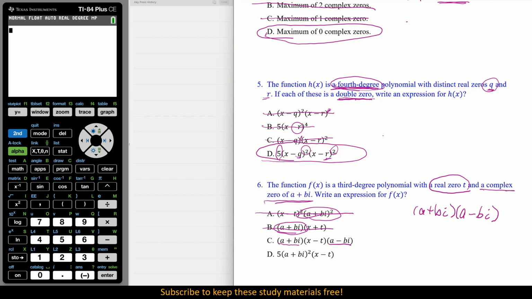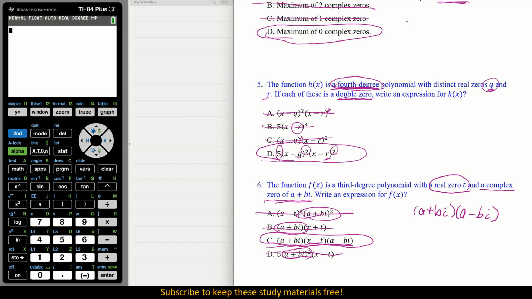Here's my conjugate, a minus bi. And I have a distinct real zero of t because that would be x equals t. Okay? So I'm thinking C is good. But D, nope, that's not going to work. This is not a conjugate, it will not satisfy the situation. So it has to be C.